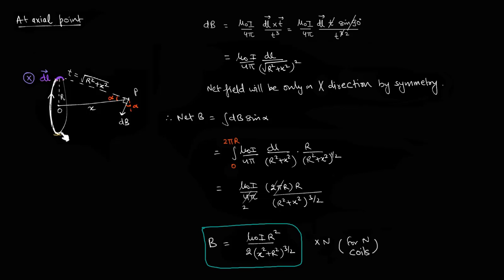Because of this dl, where the current is coming out of the plane, dB will be like this, same in magnitude, but direction will be like this. So the vertical components of both these dBs will get cancelled. So net field will only be in the x direction.